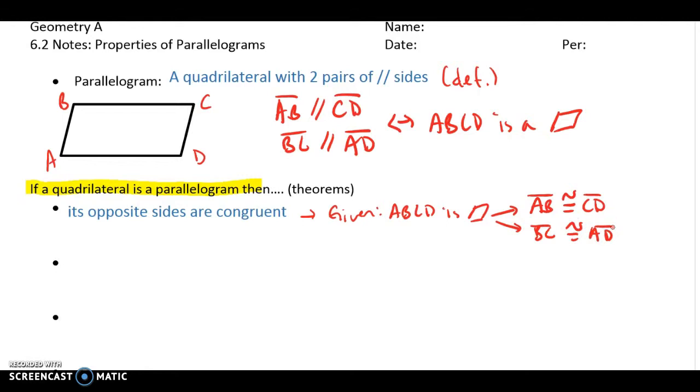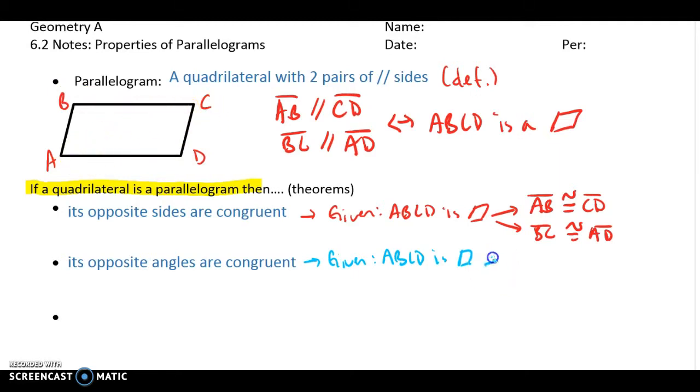The second theorem says that the opposite angles are congruent. So once again, we had to be given a parallelogram, so let's go back to that ABCD. And then what we can say now is the opposite angles are congruent. Remember, opposite angles are angles directly across from each other.